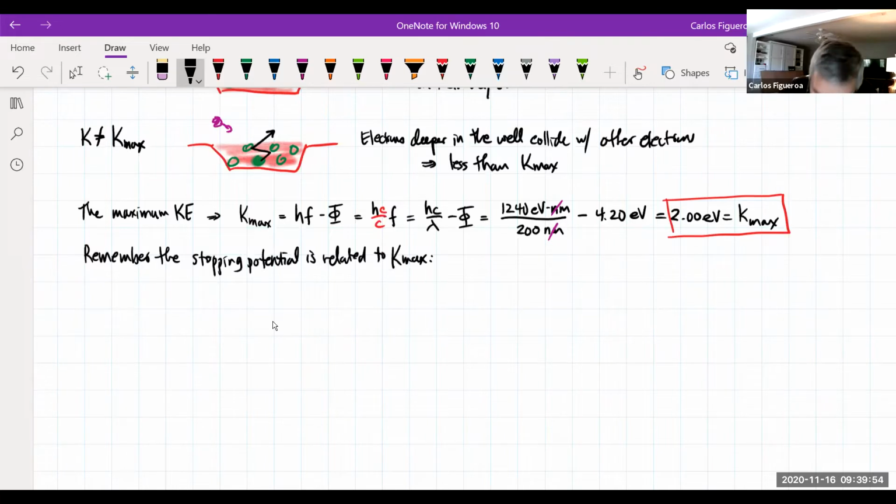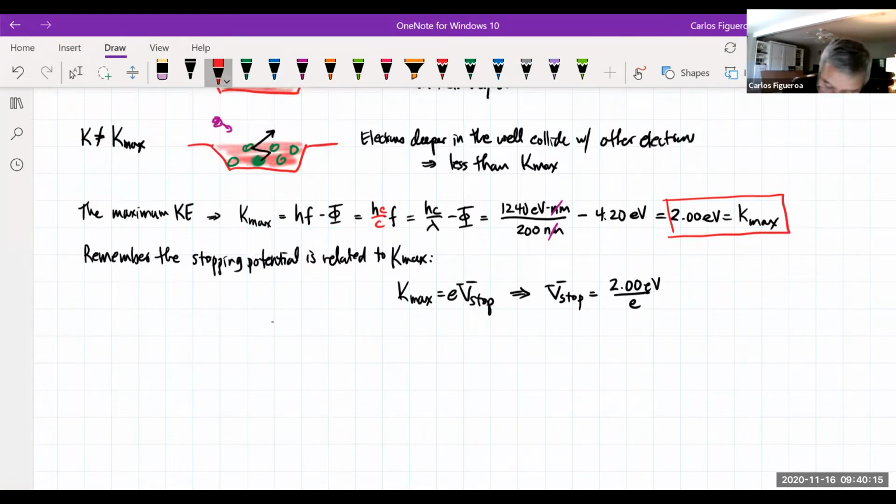So in other words, if I look at Kmax, it's also a measure of V stop. So we never calculate e. So when I look at what is this stop voltage, you're going to find that this will then be 2 electron volts divided by e. And you could see that we don't calculate it because it cancels out. So then this tells us here that this is 2 volts for V stop.